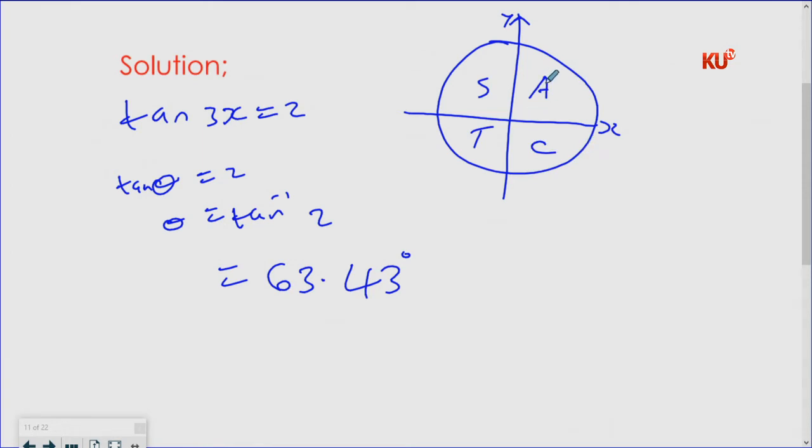S stands for all trigonometric ratios, angles between 0 and 90 must be positive. Here in this quadrant, only sines of angles are positive. The rest are negative. So the rest we are referring to tan and cos.